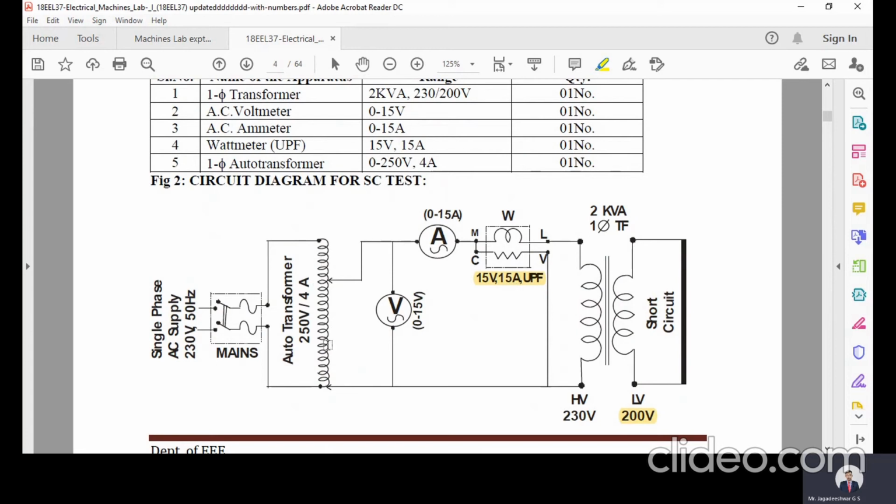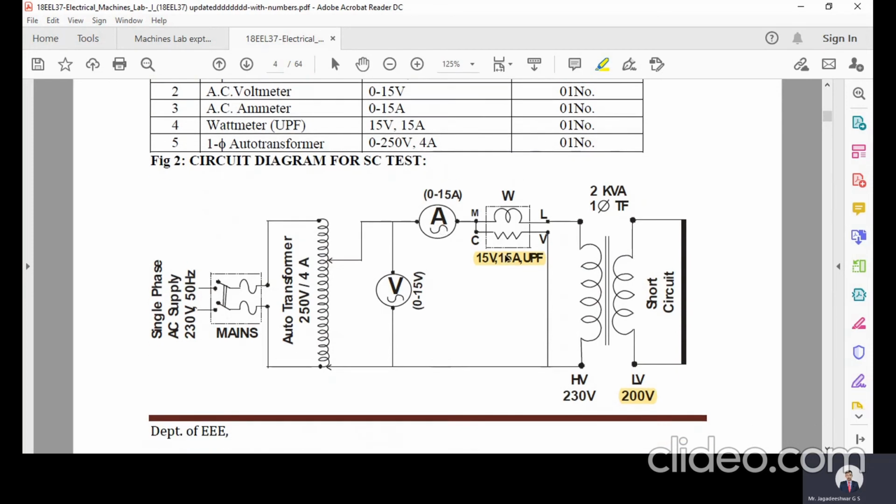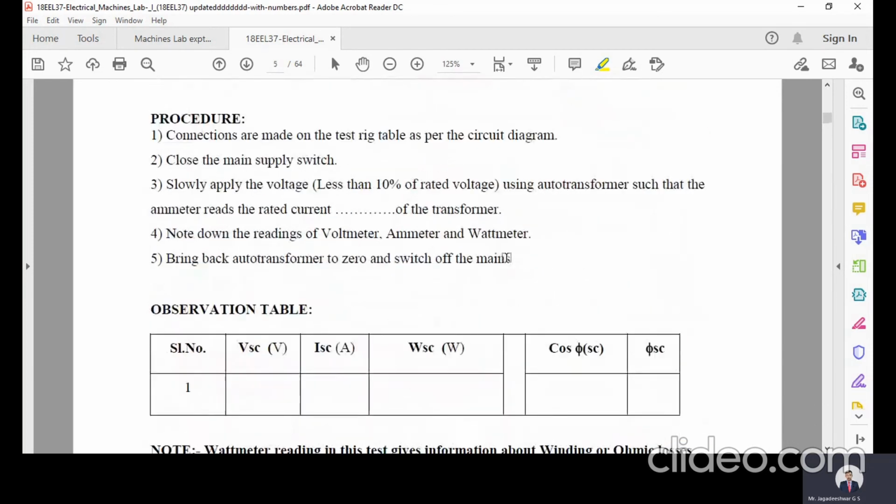So here you have to vary this auto transformer gradually until the rated current is applied. Then you have to make a note of how much voltage is applied here, that is noted as VSC, and the rated current which is flowing here will be noted as ISC, and the power will be taken as WSC.